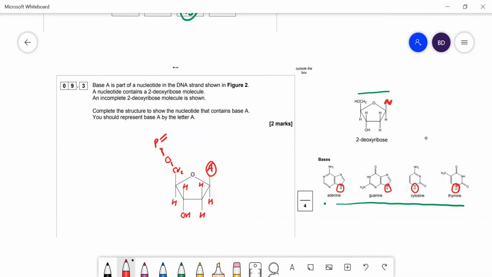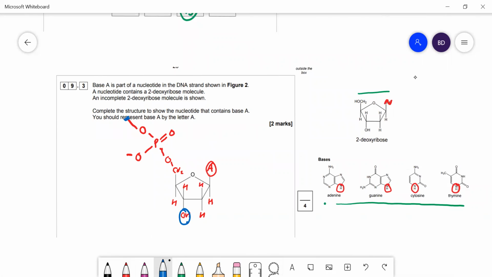You have a double bond, you should know this, to an oxygen. You have a single bond to an oxygen that's negatively charged, and then you have another oxygen, and that is attached to the next nucleotide. This one here, just do that in blue, attaches down there to the next one. Right, so it's important that you get your phosphate in the right place.